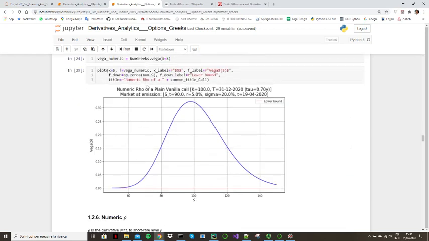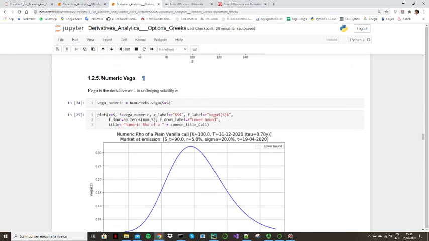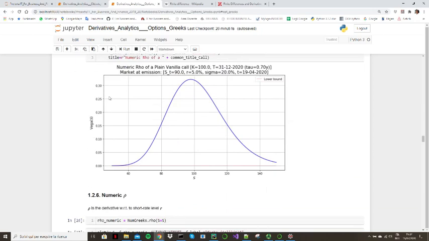Then there is the Vega. The Vega of the plain vanilla call measures the sensitivity with respect to the underlying volatility, and this is also a Greek that increases and has its maximum around the at the money level.